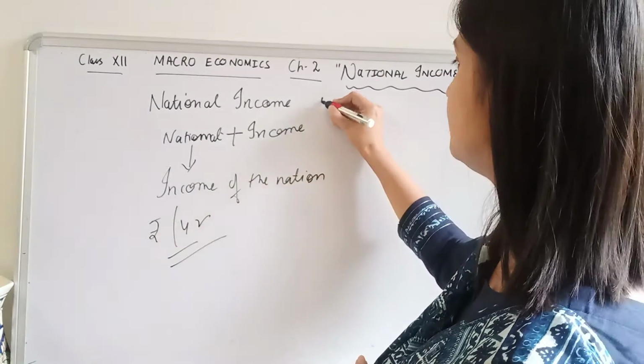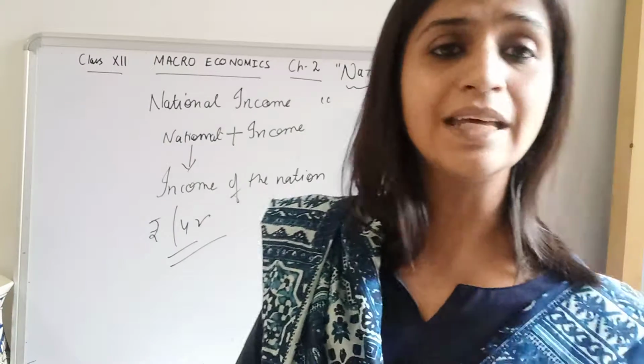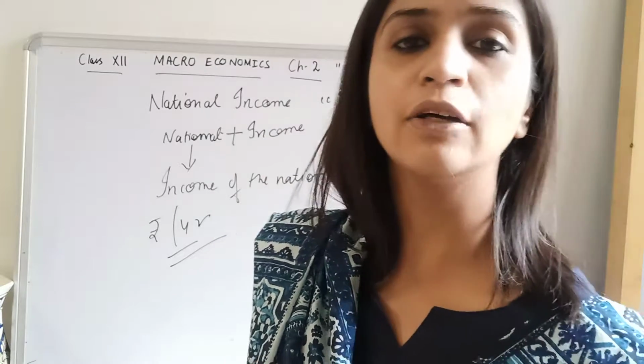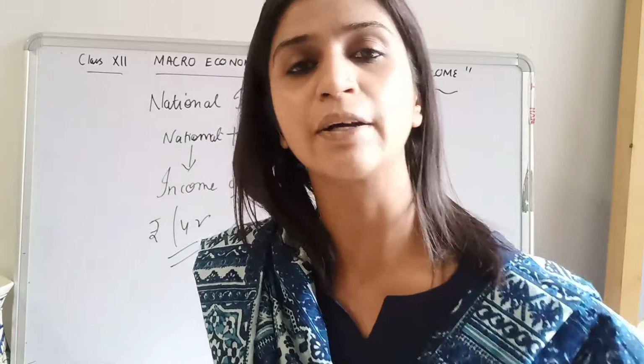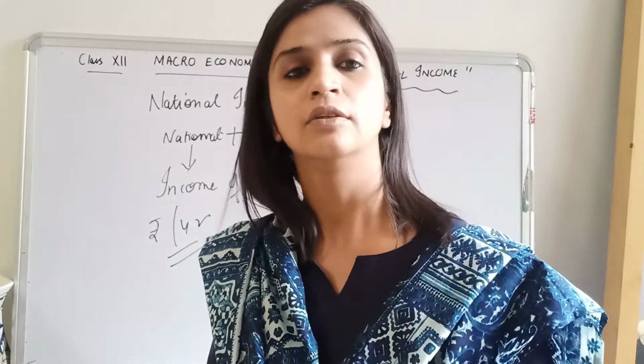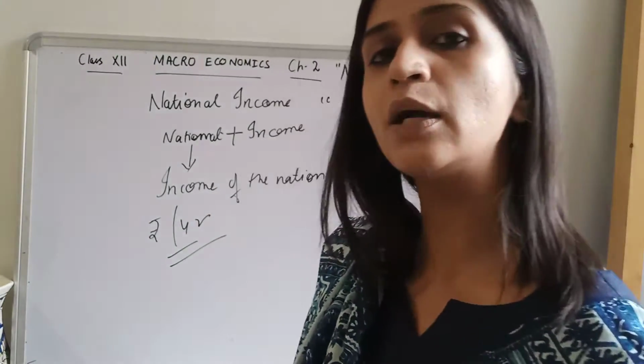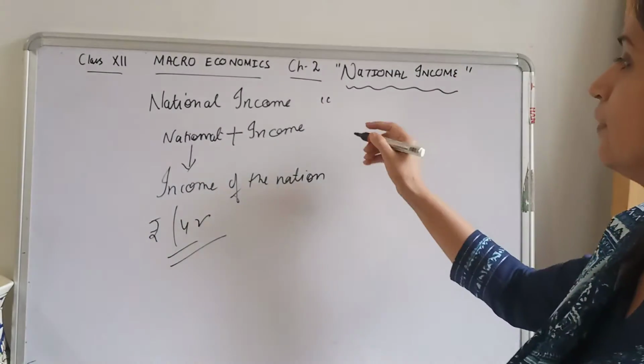what is national income. Actually, there are 3 methods to calculate or to define national income. And as we know, the father of macroeconomics, modern economics, John Keynes, has defined it very properly. Let us take one definition of national income.